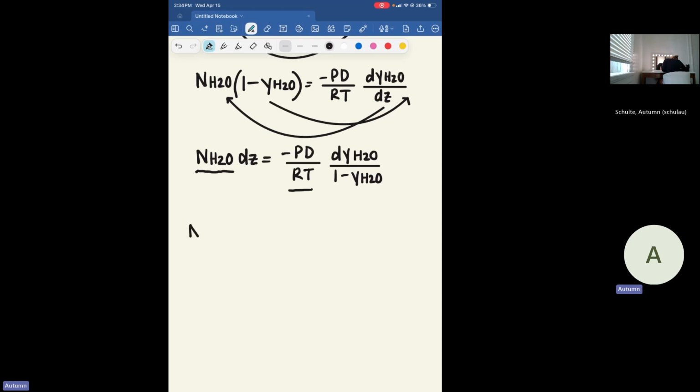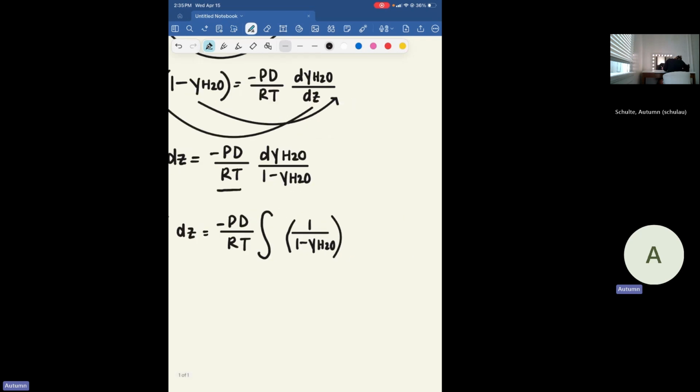And so this becomes the molar flux of our water times the integral of dz, our change in position, equal to negative the pressure times the diffusion coefficient divided by our gas constant R multiplied by T, and then the integral of 1 over 1 minus the mole fraction of our water multiplied by the derivative of the mole fraction of our water.